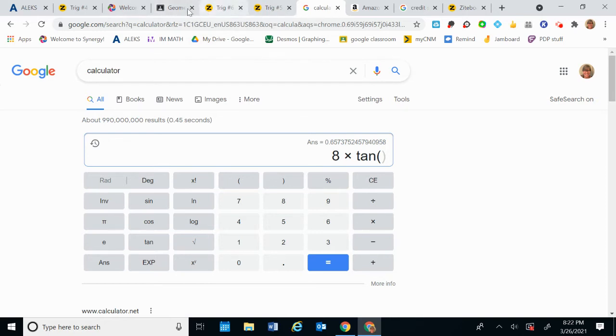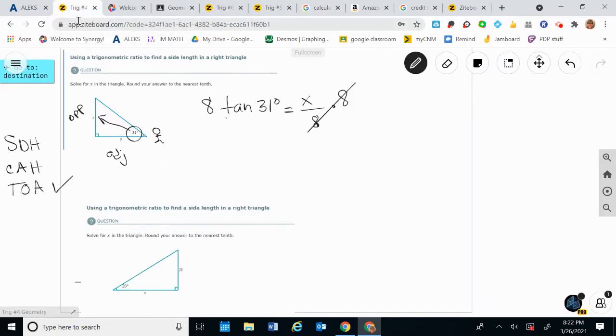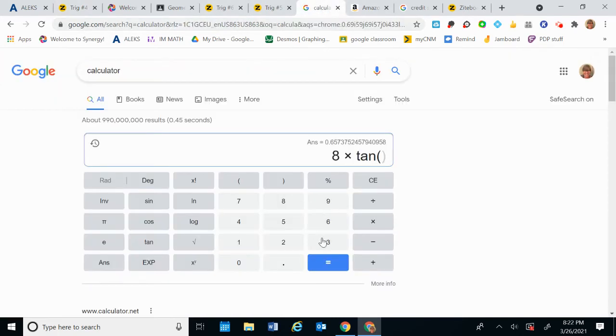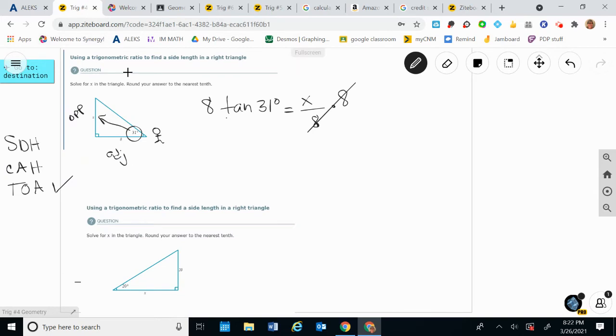Sorry, you guys, I feel like I have the memory of a fish right now. Okay, it was 31. Tangent 31, and there you go, 4.8. That is the length of the side. Usually they have you round sides off to the nearest tenth. Yep, there it is, 4.8.